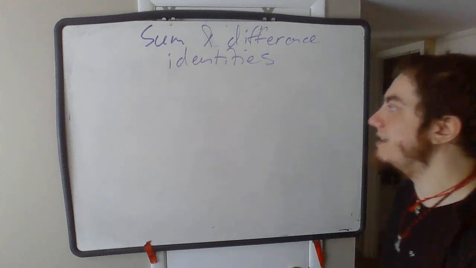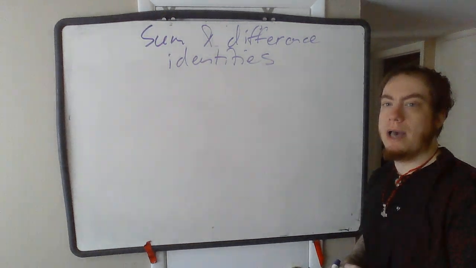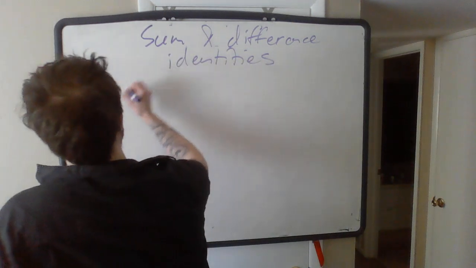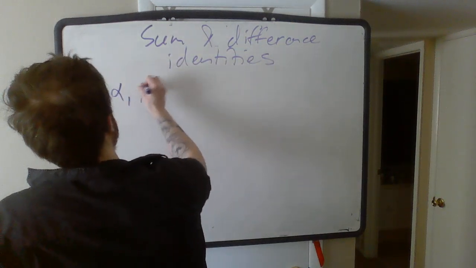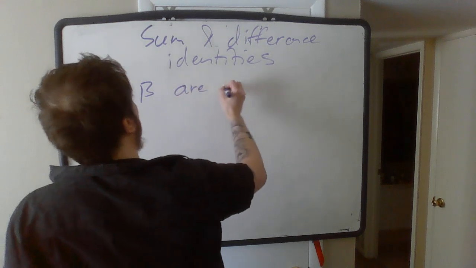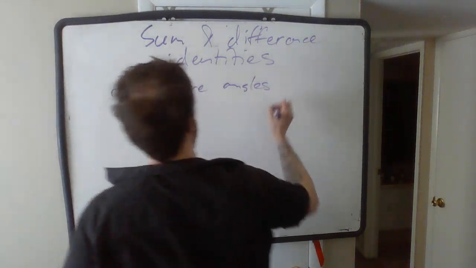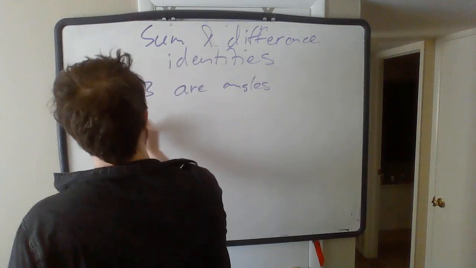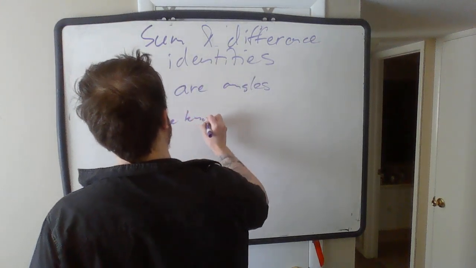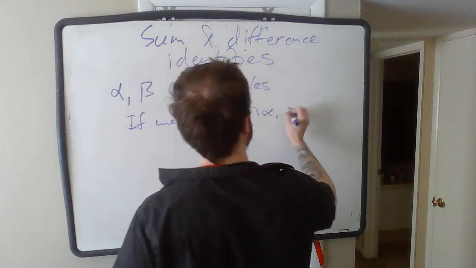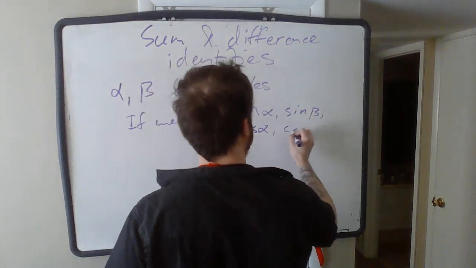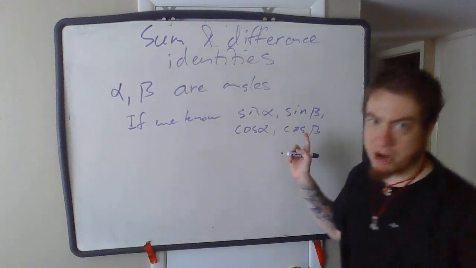Now, these deal with problems like, let's suppose that alpha and beta are a couple of angles, and maybe we know sine alpha, sine beta, cosine alpha, cosine beta, so we know these trig values.